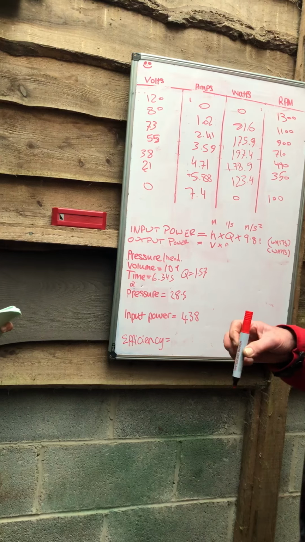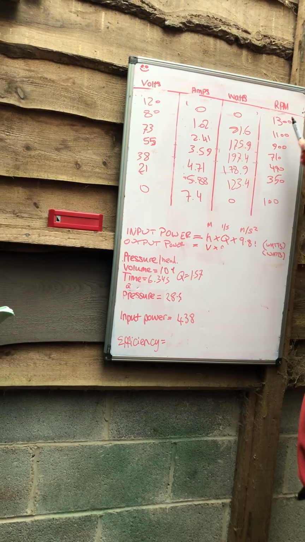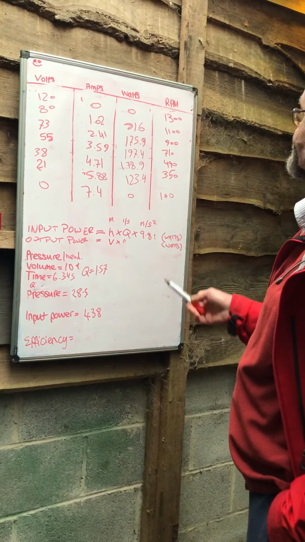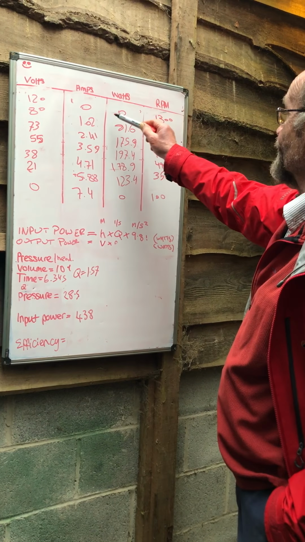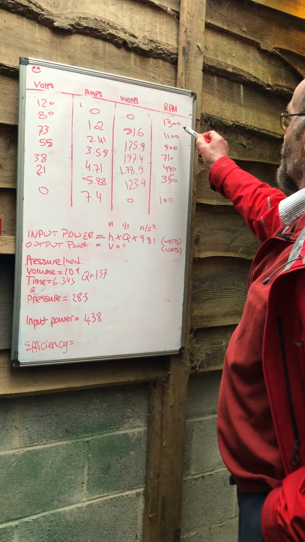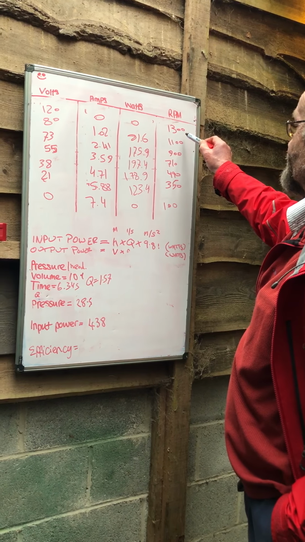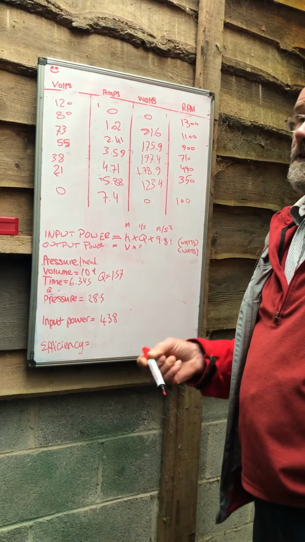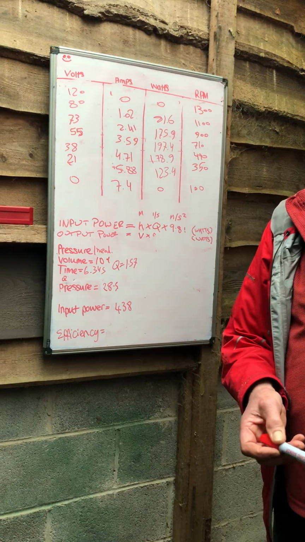Our output power: you can see here that it varies with speed. When the turbine is running at its fastest, we've got no output, because the jet is going at the same speed as the outside of the wheel, and there's no transfer of energy effectively.